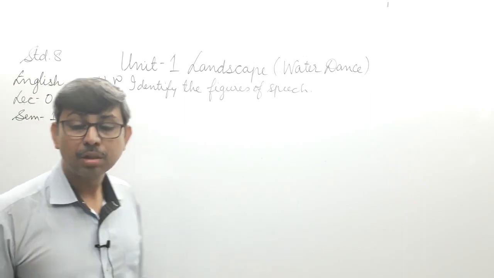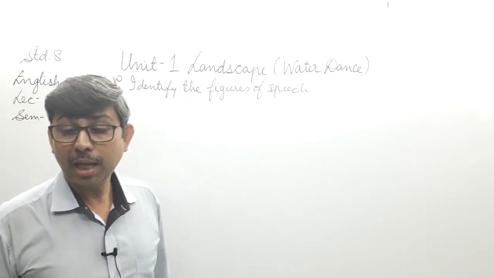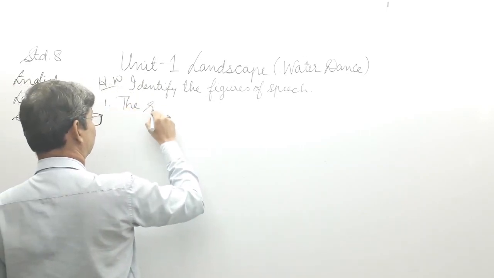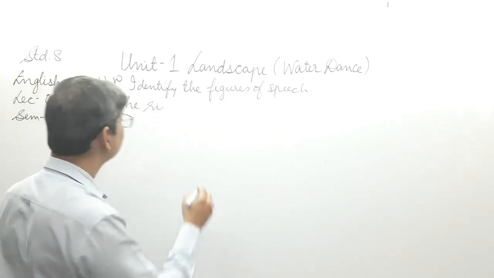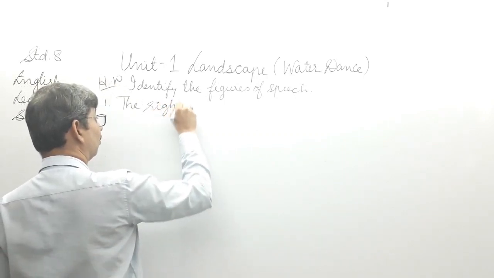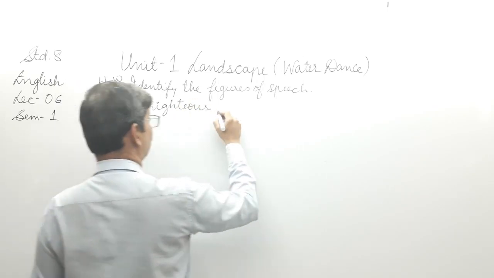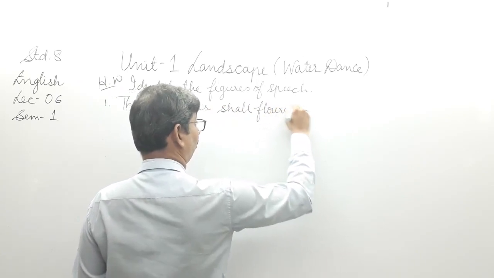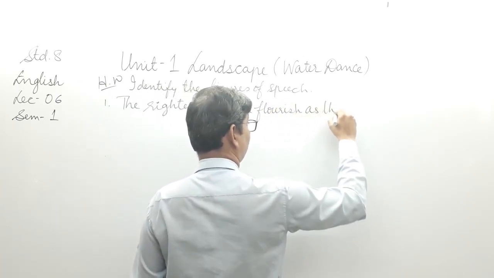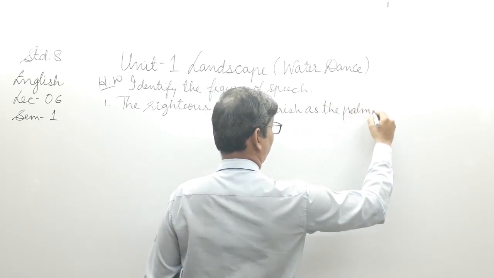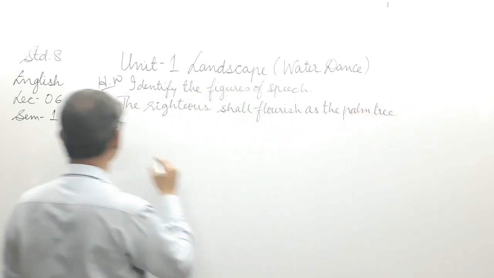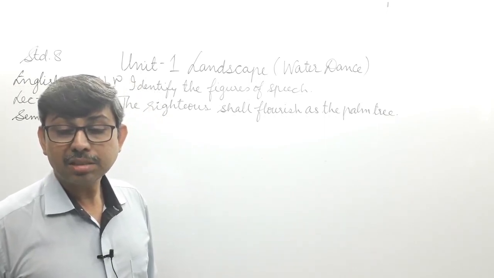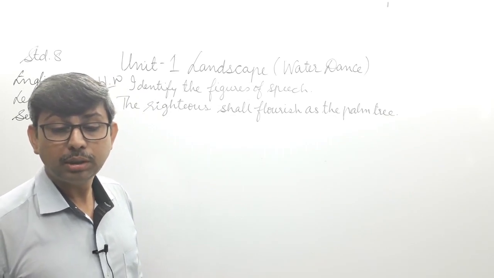The first sentence, the righteous shall flourish as the palm tree. Sentence number 2, life is as tedious as a twice told tale.